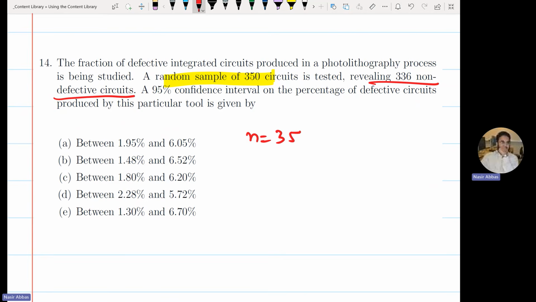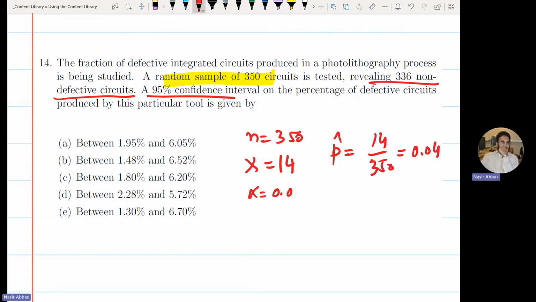The question is about defective. How many are defective? X is 14 here, not 336. P hat will be 14 over 350, and this comes out to be 0.04. Then they are asking you to find a 95% confidence interval.